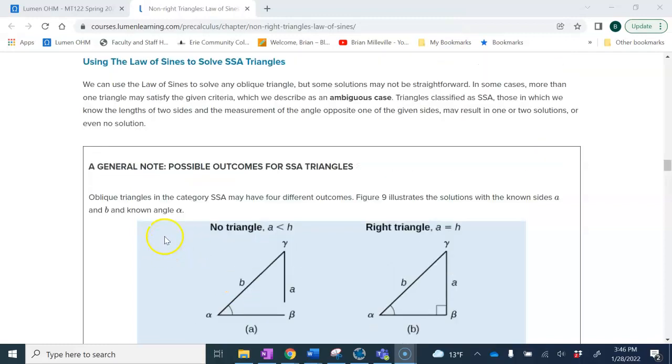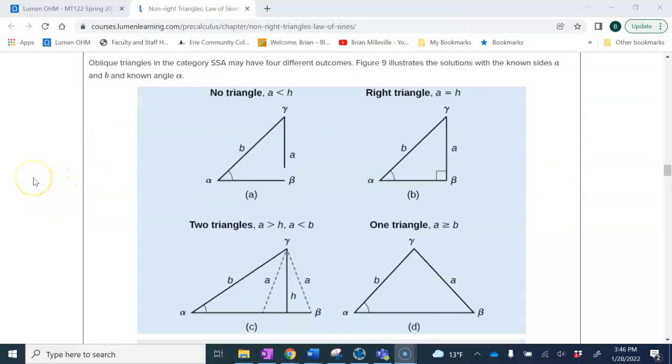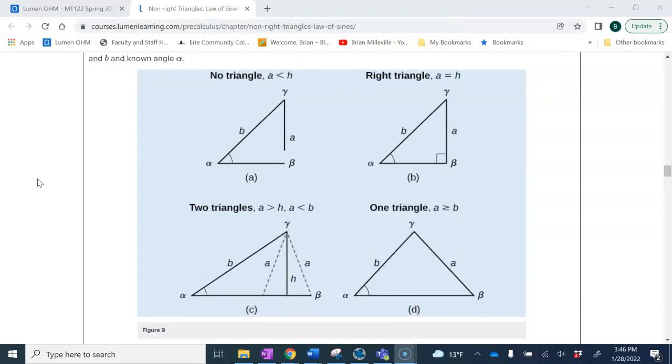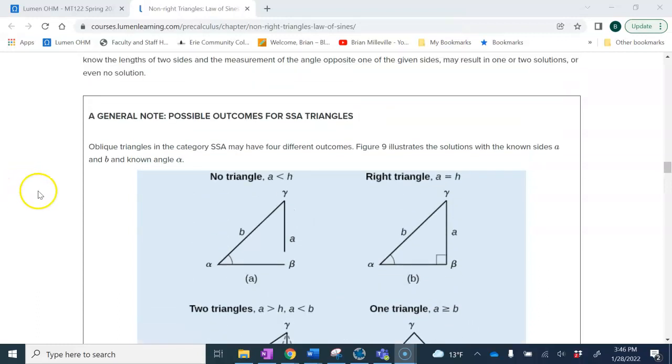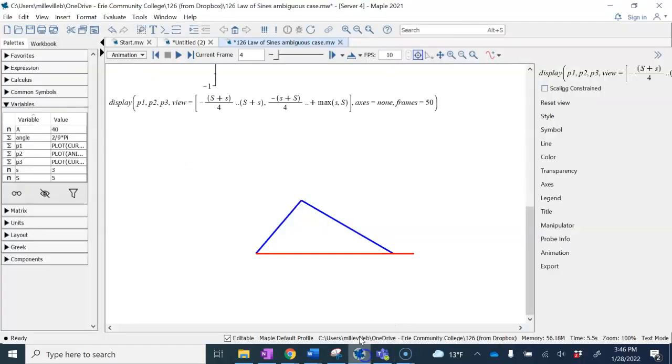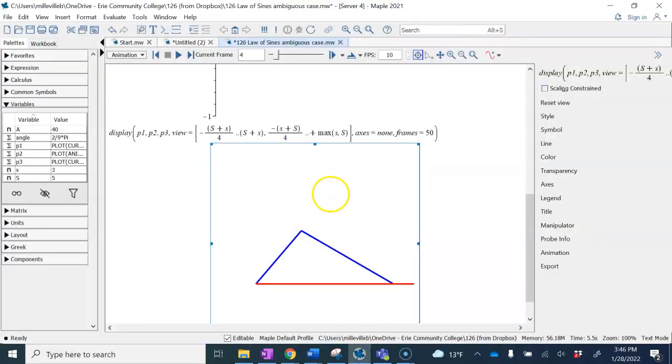Now, there are different possibilities that happen in this situation, and they're described here in the textbook, and I just want to illustrate them using a computer program called Maple and a file that I made some time ago. In this example, what we're given is two sides.